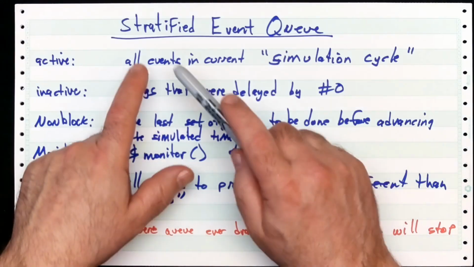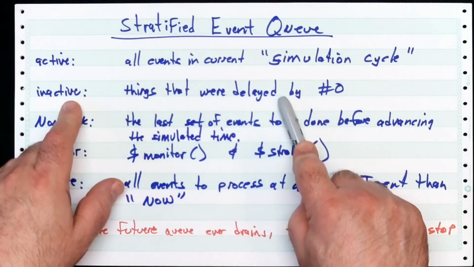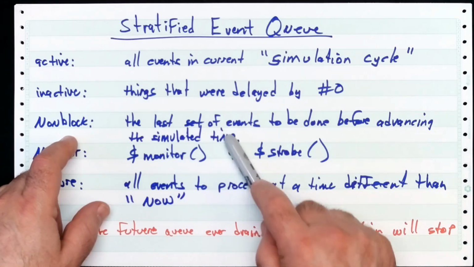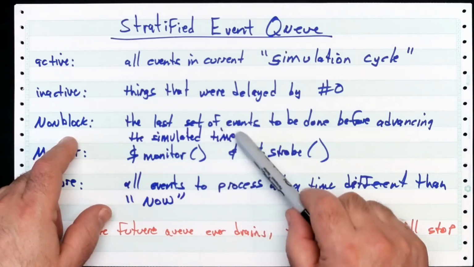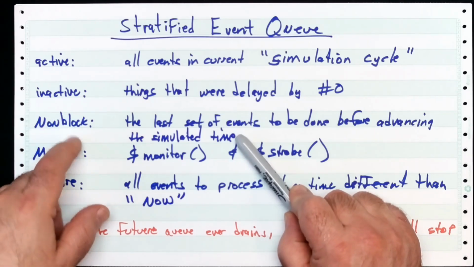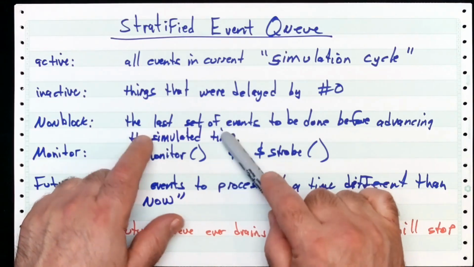So that is how things get into this active list, and we already know how things get into this inactive list. The non-blocking list is quite simple. You simply assign a value to a variable using the non-blocking assignment operator. That's how things get into here.